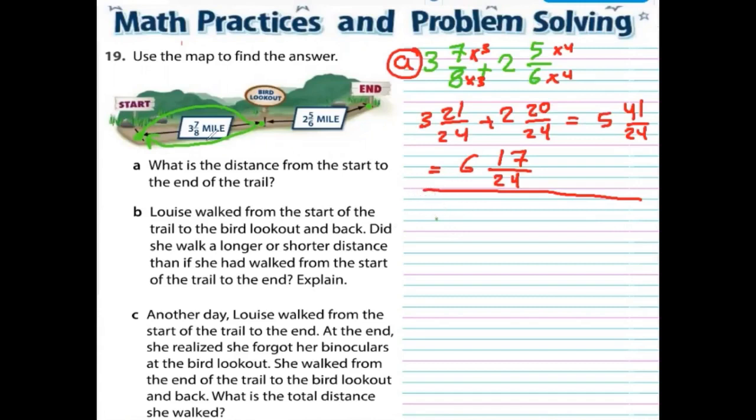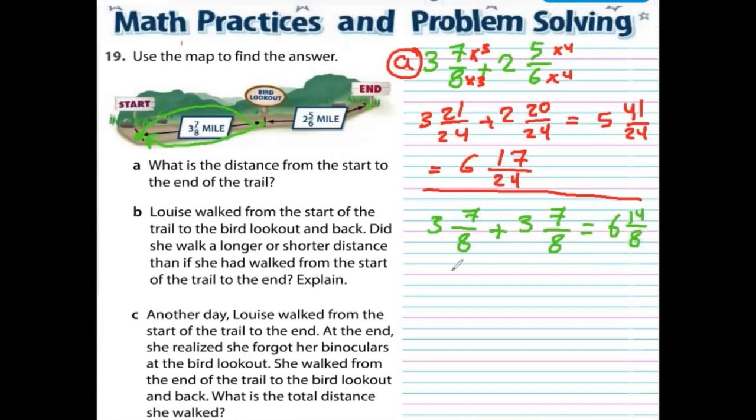So she walked from the start to the bird. So it's a 3 and 7 over 8. I'm going to add it twice because she went back. So I'm going to add the two fractions in here first. 7 and 7 is 14 over 8, and 3 and 3 give you 6, okay? So now 14 over 8, the 14 is bigger than 8.